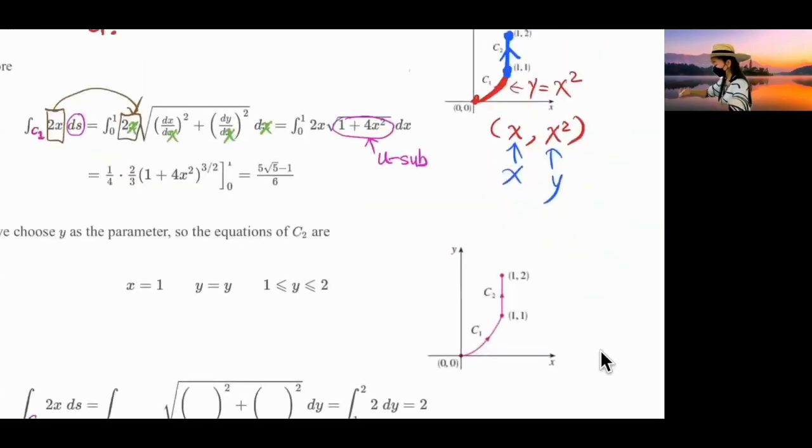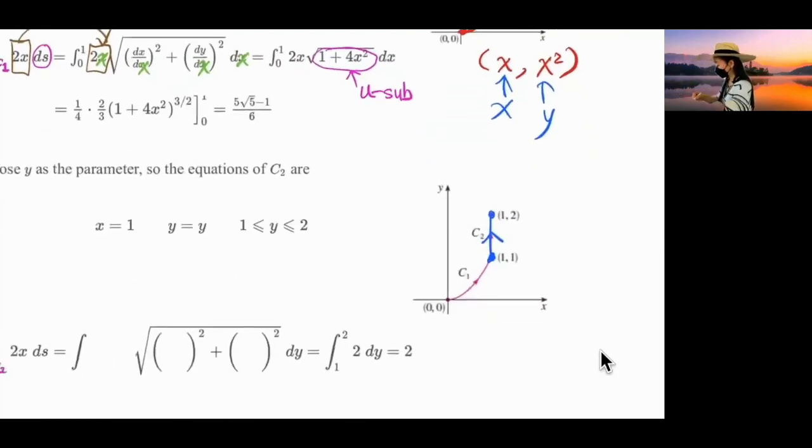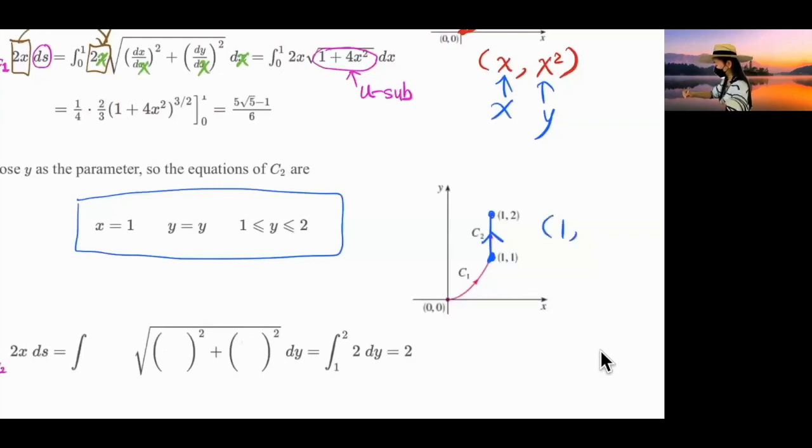Now let's look at C2. The C2 will go from here to here, right? This one here, we can express. Let's look at the x and y coordinates. For every point here, they have the same x coordinate, which is 1, and then the y coordinate varies. So for every point over here, x is 1 and y changes from 1 to 2.